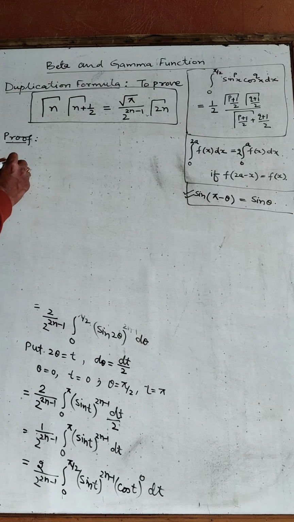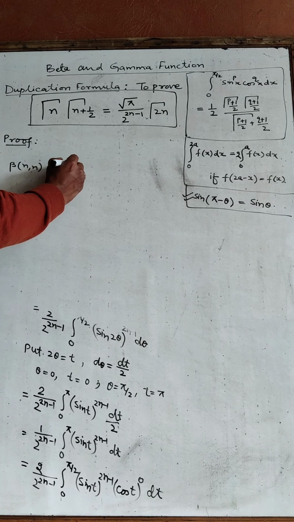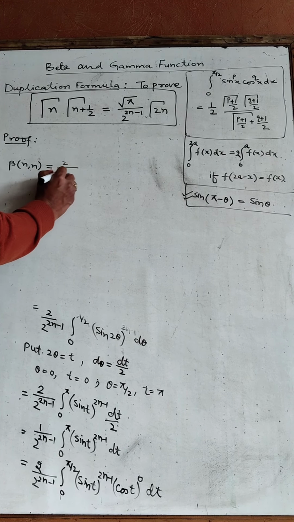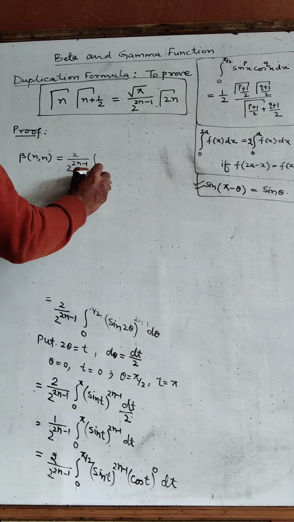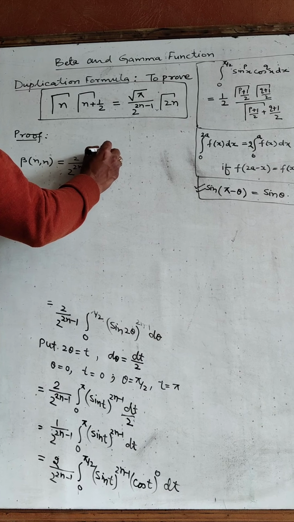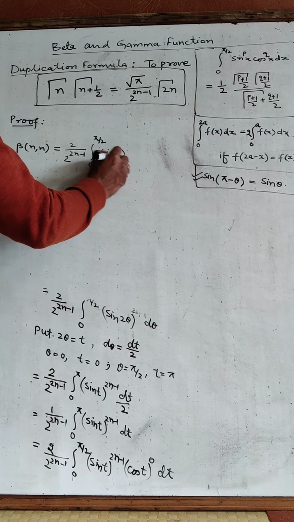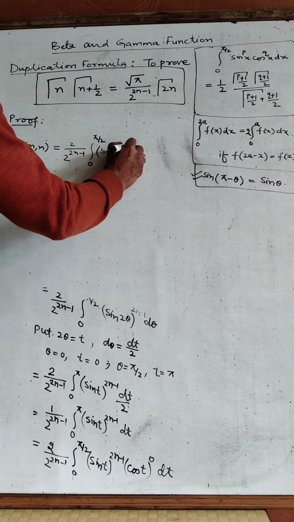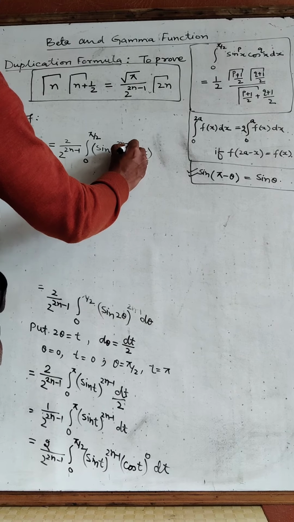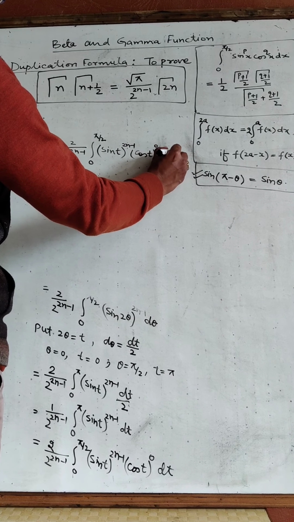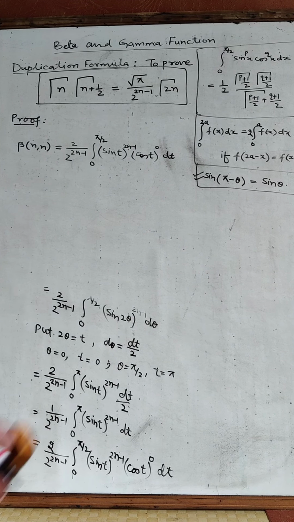We have shown beta of n, n is equal to 2 over 2 raised to the power 2n minus 1, definite integral from 0 to pi by 2 of sine t raised to the power 2n minus 1, cos t raised to the power 0 dt, and it can be written in the form of gamma functions.